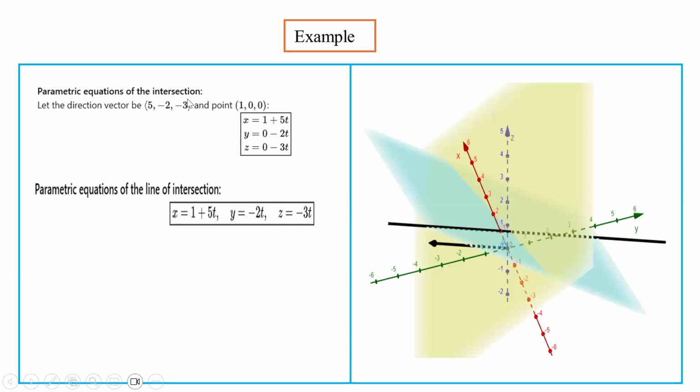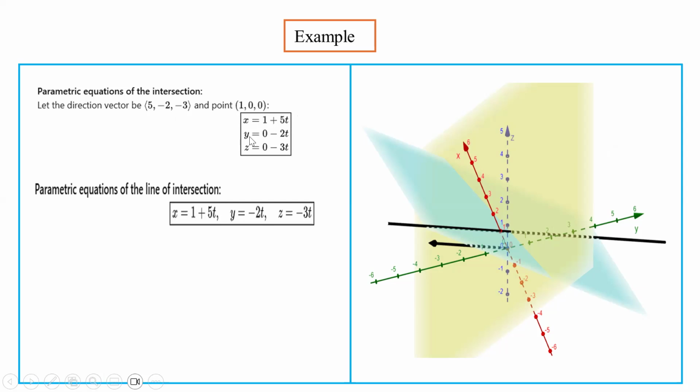So here we can write the parametric equation of the intersection. We're going to let the direction vector be 5, negative 2, negative 3, and the point that we just found be 1, 0, 0, and write it in parametric form. We'll have x is equal to 1 plus 5t, taking the 1 from the point and 5 from the direction vector, and t is a parameter.